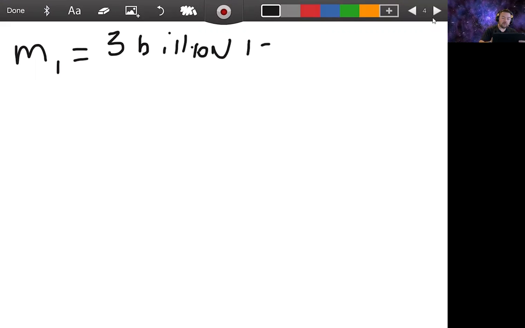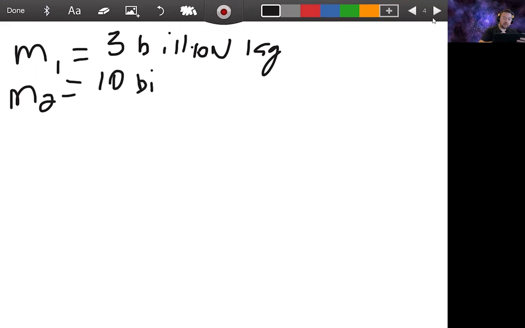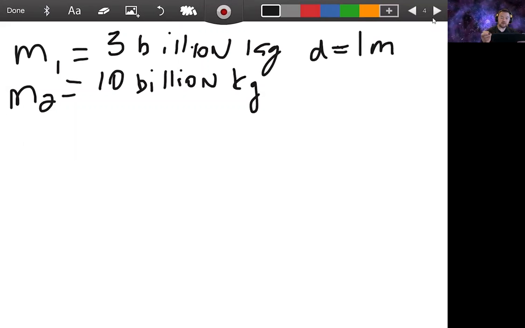And then mass 2, let's go 10 billion. Let's put them at a distance of 1 meter again. So now distance is 1 meter.